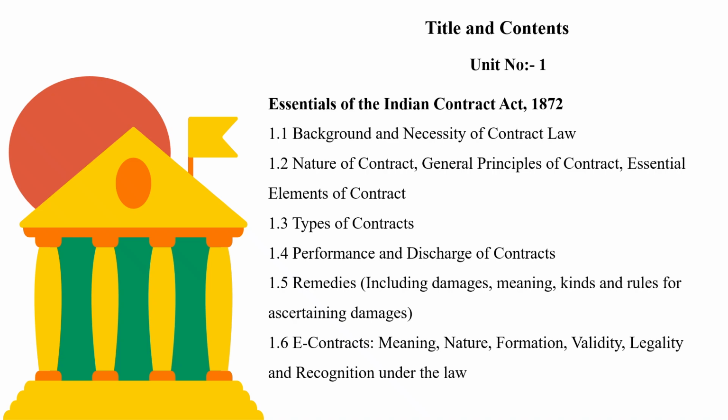In the fourth part, we are going to study about performance and discharge of contract. In this part, you will learn about the performance and discharge of contract. We will also discuss how the contracts are carried out and how they come to an end. This will help you to understand when and how the contract is considered as complete or closed.